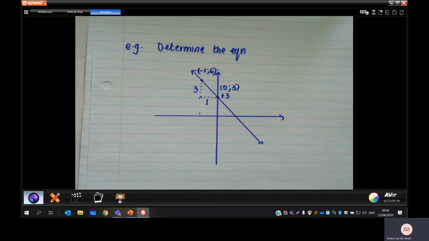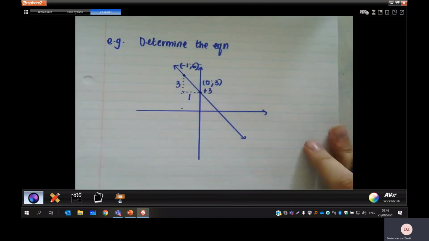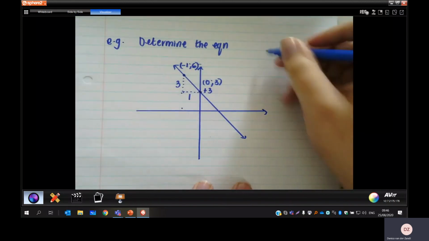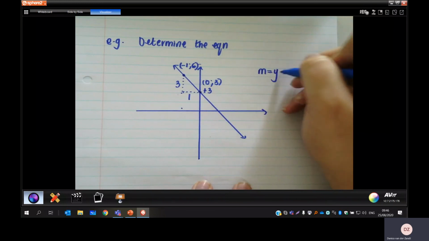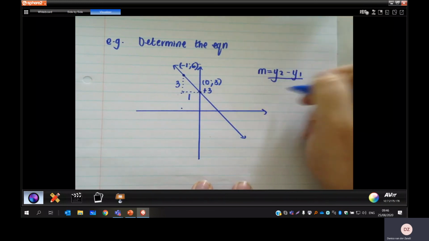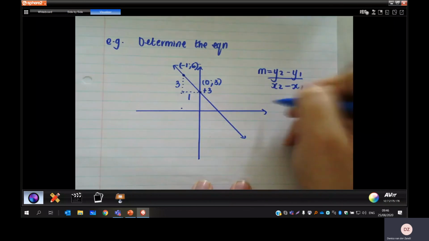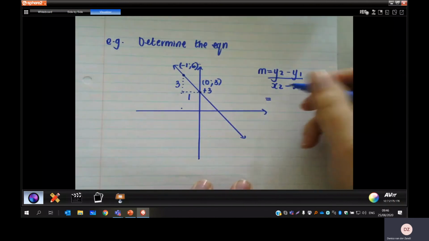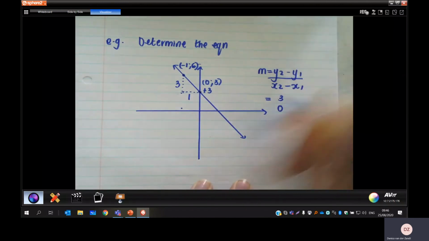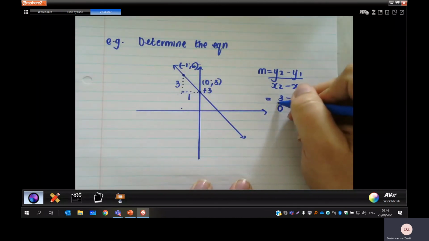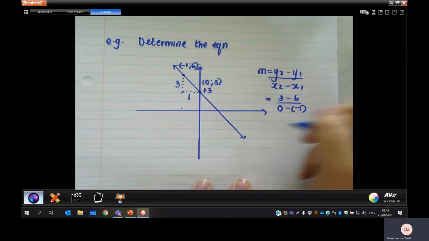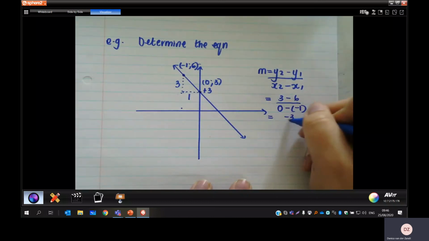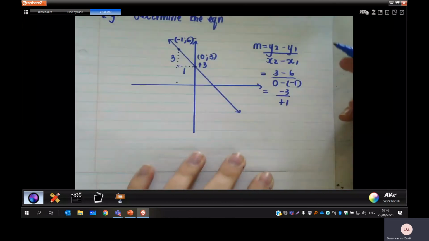So now we can calculate our gradient because we have 2 points. I'm going to do it on the side because my paper's running out. I'm going to take this coordinate, 3 for y, 0 for x, and that coordinate, 6 and negative 1. So 3 minus 6 over 0 minus negative 1, giving me negative 3 over positive 1.